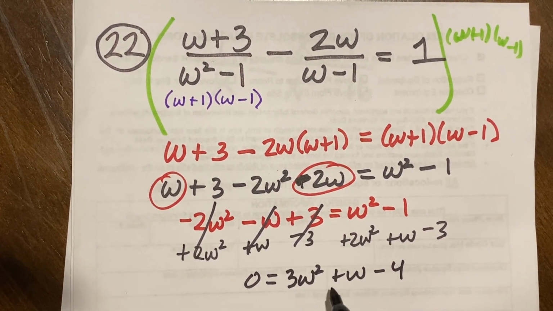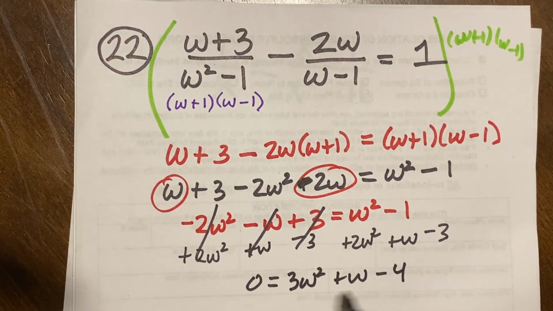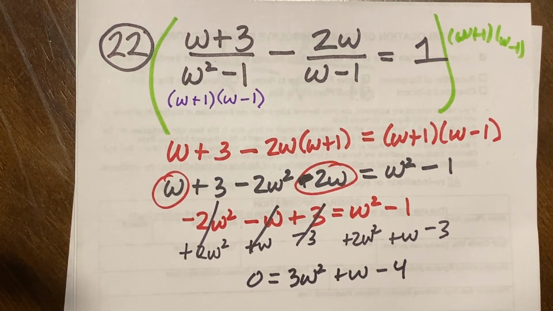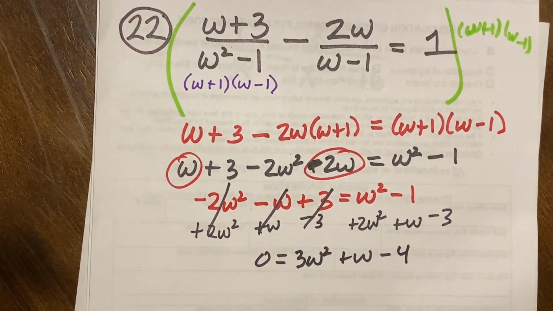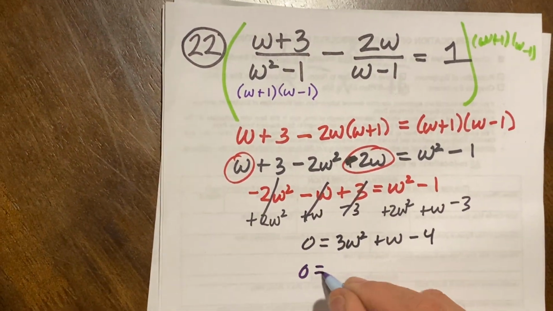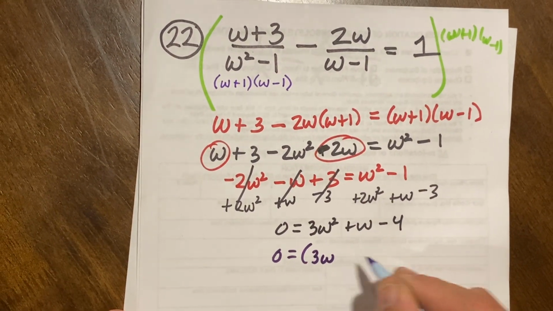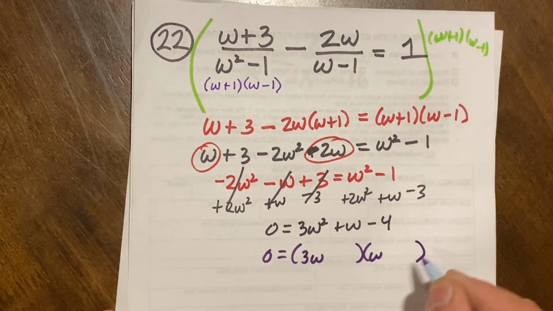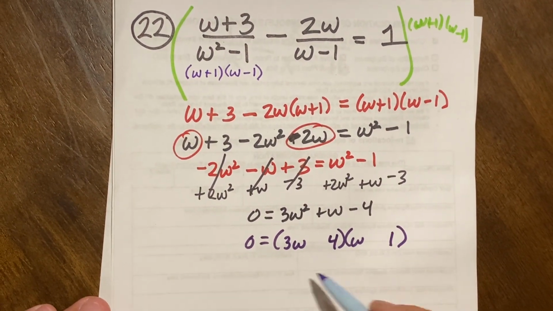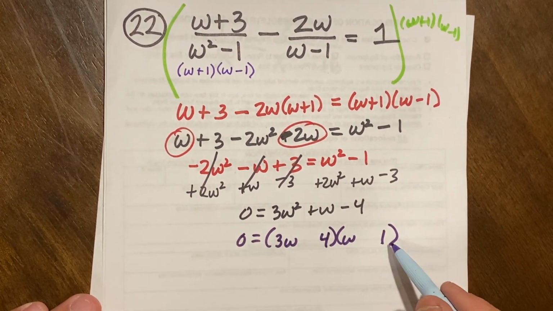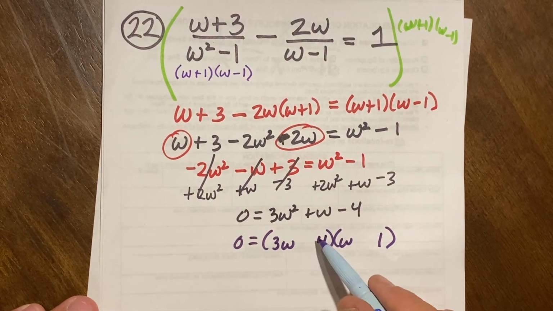So look, second degree polynomial equals 0. So now I should be able to factor it. I'm hoping it factors 3W and W. That's the only way to get 3W squared. Let's do a 4 here and a 1 here. And notice what the O's are. 3W and 4W, right?